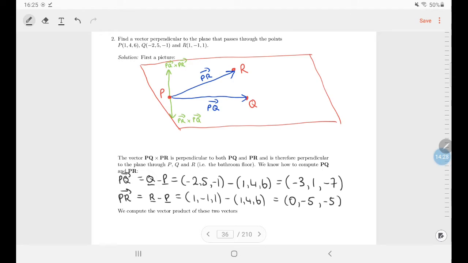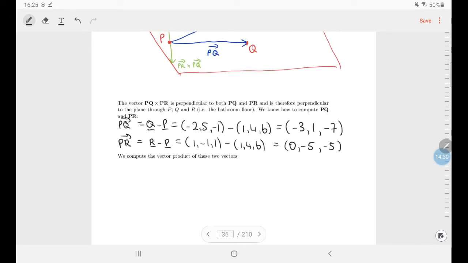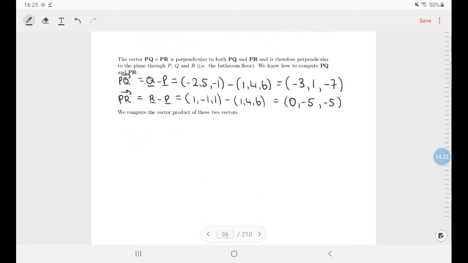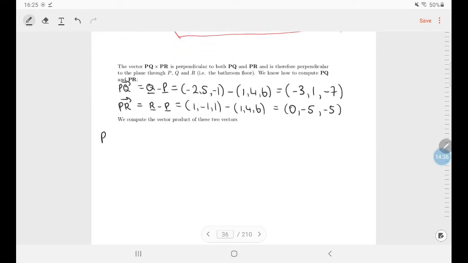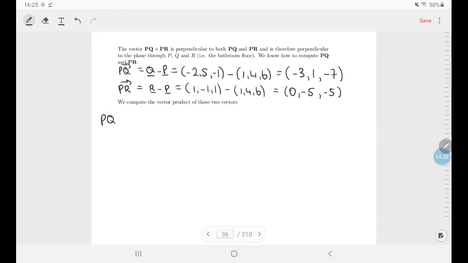Okay. And now we want to do the vector product of these two to get something that's perpendicular to the plane. So our answer will be PQ cross PR. So we do i, j, k. The components of PQ, which are minus 3, 1, minus 7.